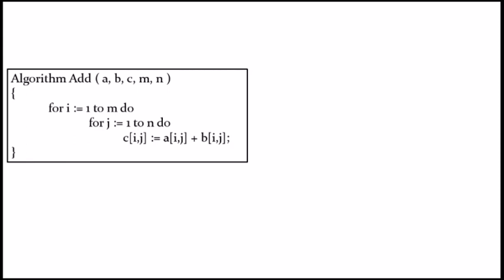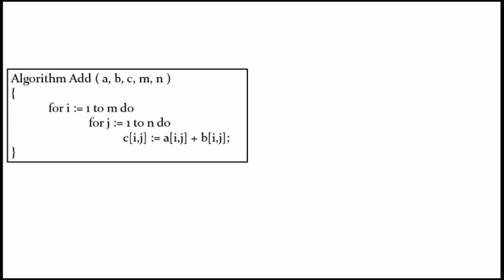The next for loop, that is J equal to 1, will continue till N. So this loop will execute from 1 to N, that means it will execute N plus 1 times, and because it is in the I loop, it will execute M in bracket N plus 1 times, that is MN plus M times.